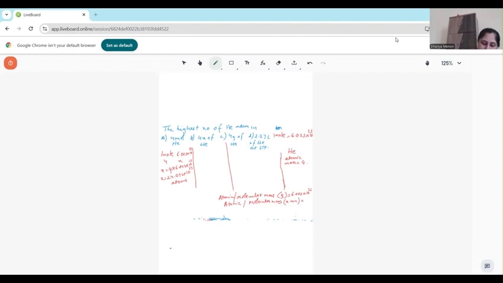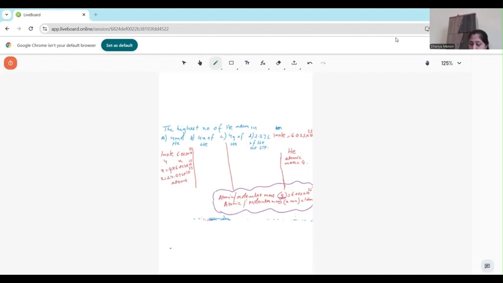This is another piece of information that you must keep in mind. Mostly they give it in grams only. In this particular case, they have given it in u, so I thought I should keep you informed.